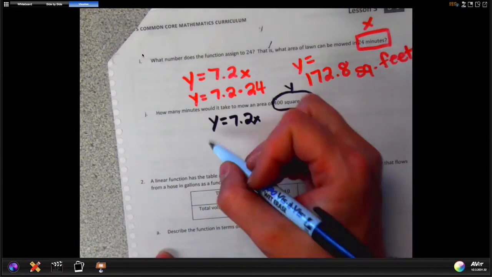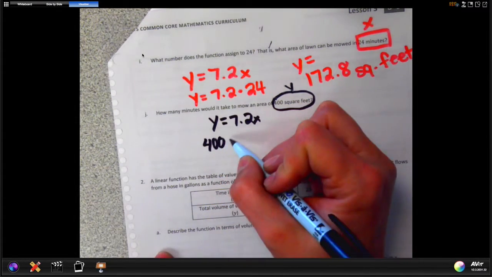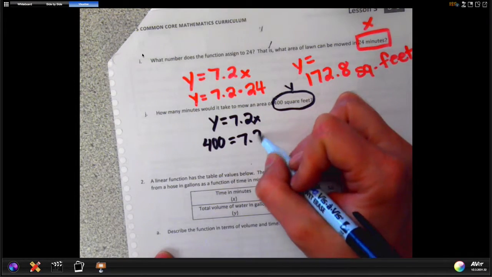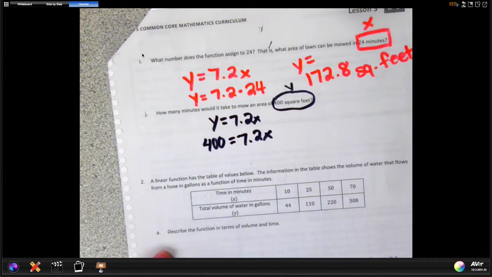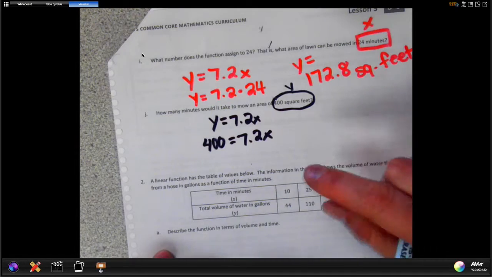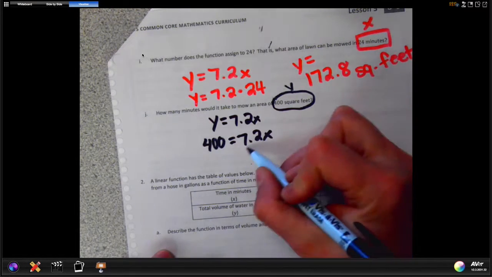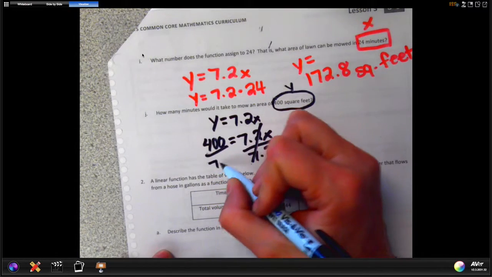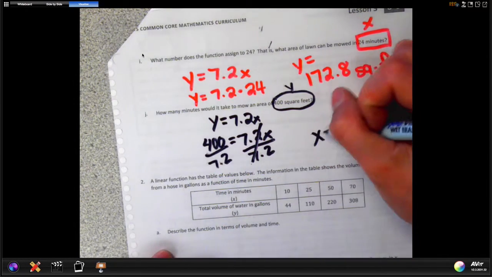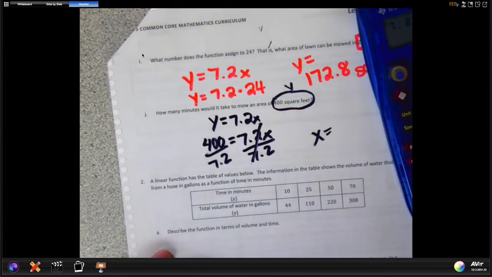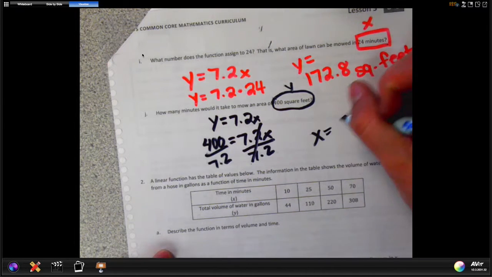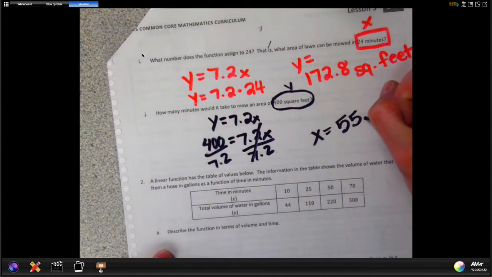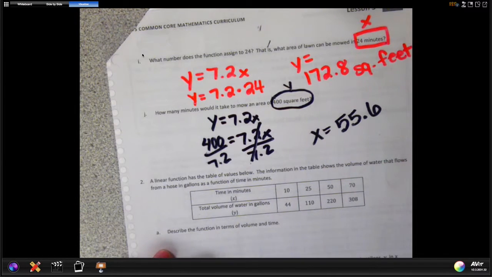Okay, so we're going to put 400 in for y this time, equals 7.2x. And now this one, we don't multiply. To solve this, you would divide. So we're going to divide by 7.2 to cancel it out, and divide by 7.2 here to get our answer. X equals 400 divided by 7.2 is 55. If we round it, 55.6 minutes.